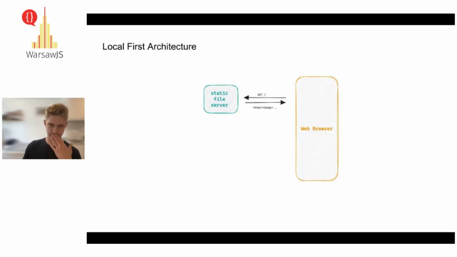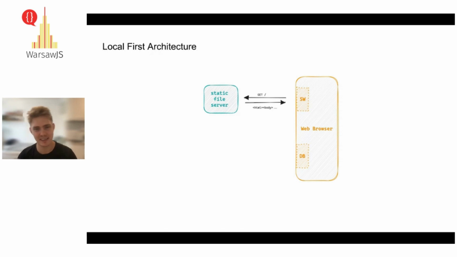We have a static file server, again, just to have our HTML and JS and CSS sent over the wire to the browser. Then if we want to have full offline support, we could cache that in a service worker here, and then all the operations would happen to the local database.